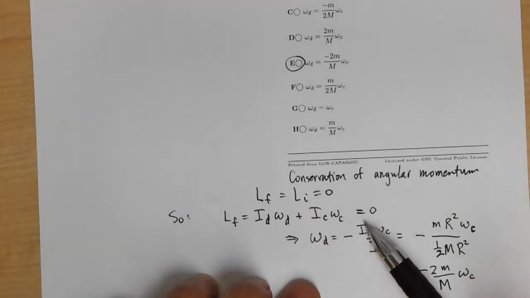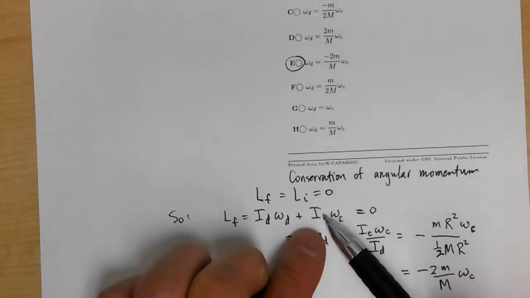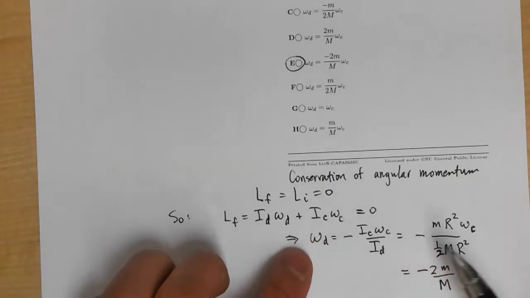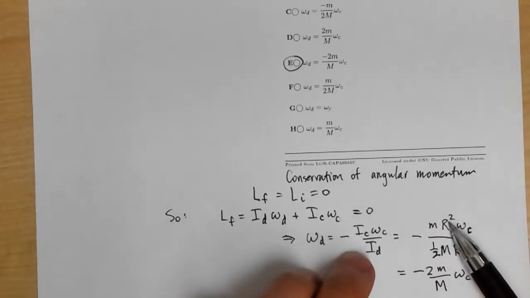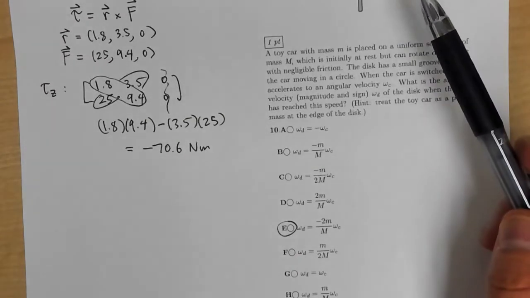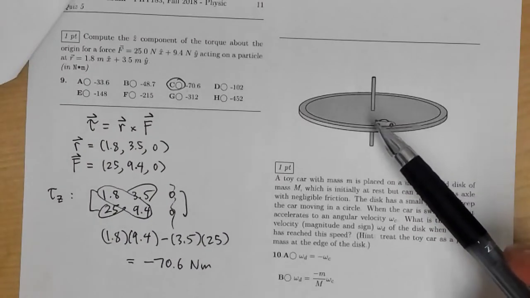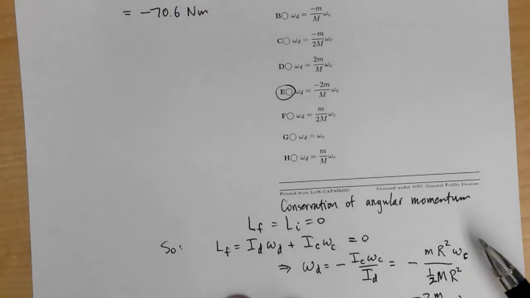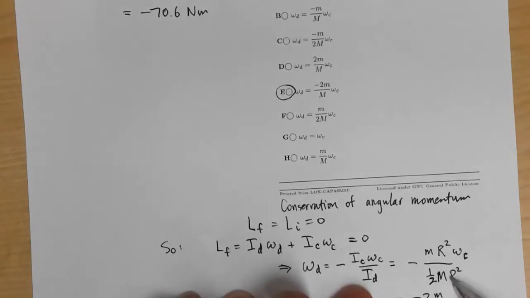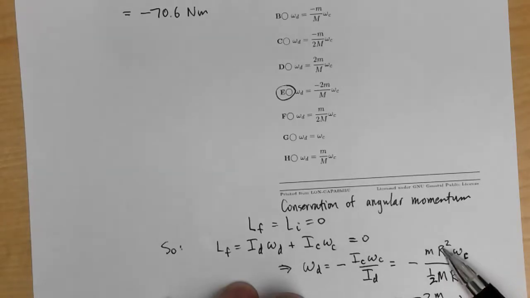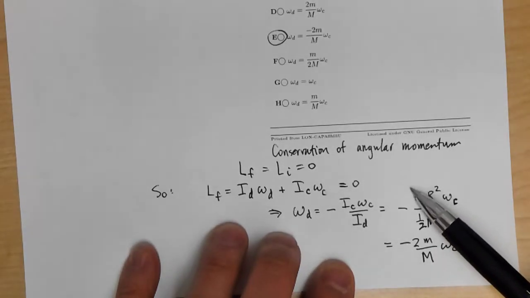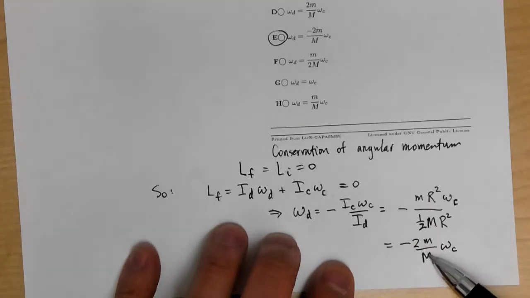So omega D must be minus I C omega C, brought to the other side, divided by I D. I C is mr squared, since the car is a point particle at a distance r, so small m r squared times omega C. The moment of inertia of the disk is 1/2 capital M r squared. We can get rid of the r squareds, and we get minus 2 because the denominator becomes the numerator. We get negative 2 small m over capital M omega C.